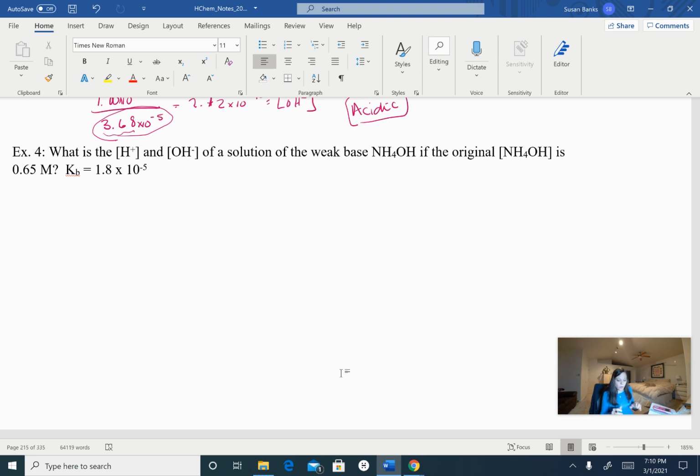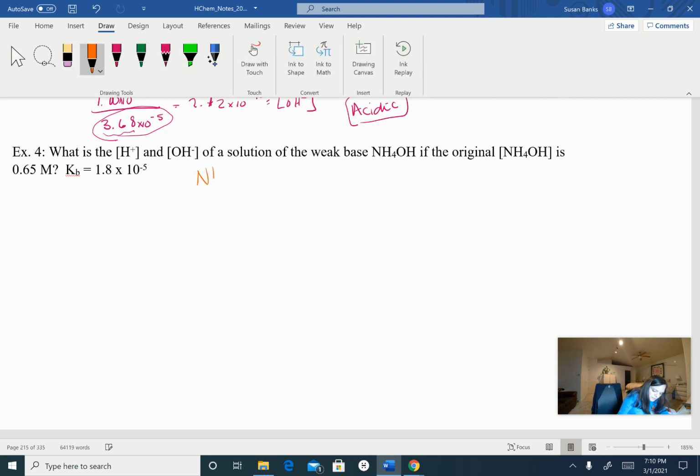So let's talk about what we mean by equilibrium first, and then we'll go into this equilibrium constant. So we're going to draw out the relationship between the ammonium hydroxide and how it actually dissolves in water. So it's a weak base. So we will have ammonium hydroxide aqueous, and it will go to ammonium, the ion, and hydroxide, the ion.